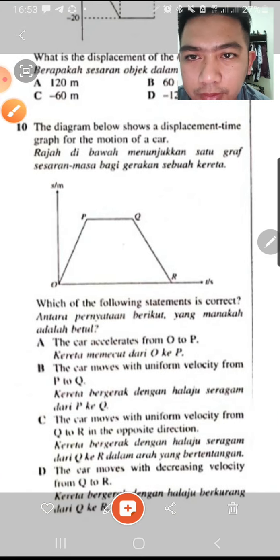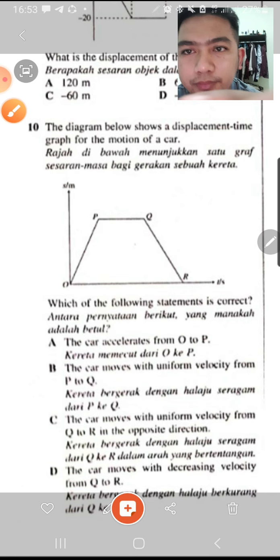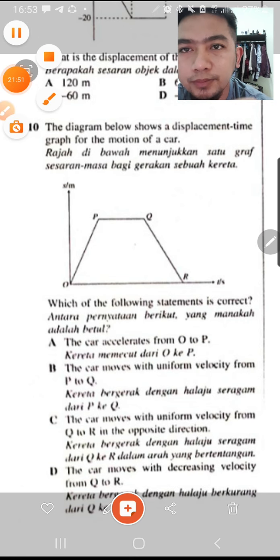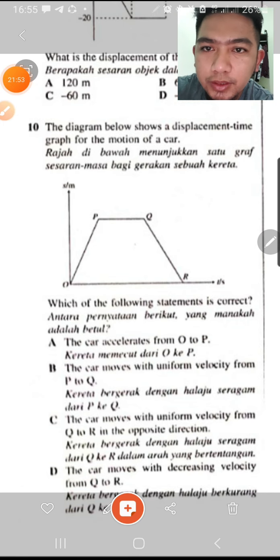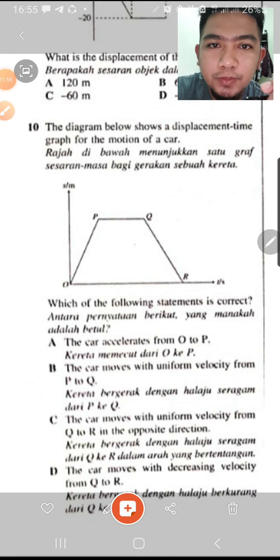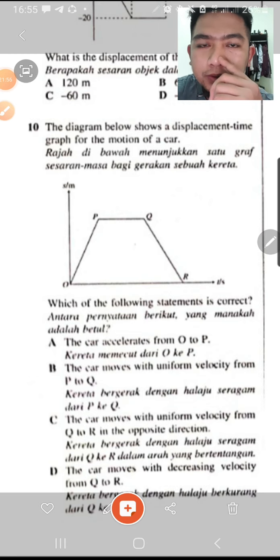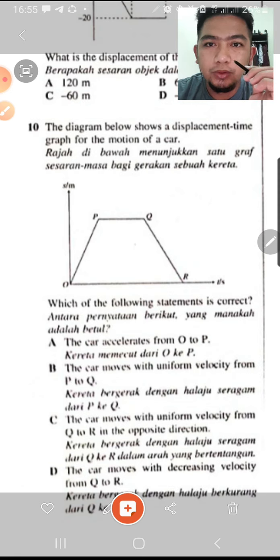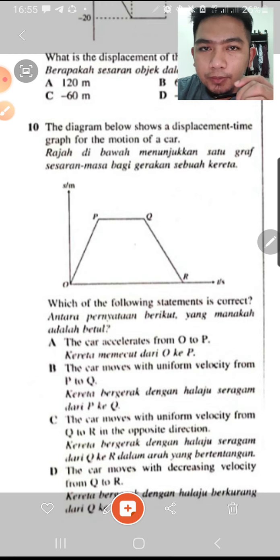Okay, so question 10. Wait, let me drink some water. Okay, question 10. The diagram below shows a displacement time graph. So for a displacement time graph, its gradient shows the velocity. Okay, not acceleration. Okay, so which of the following statements is correct?